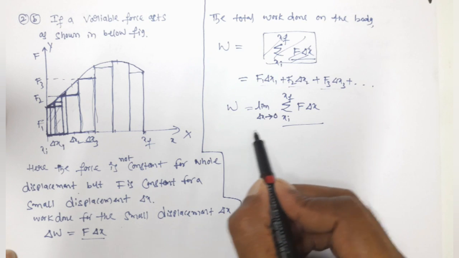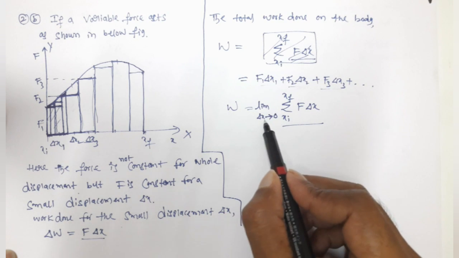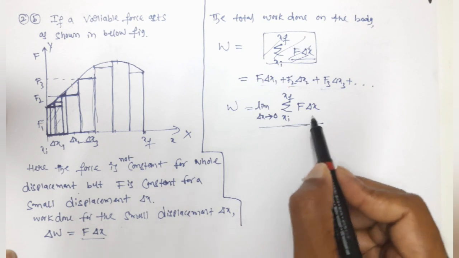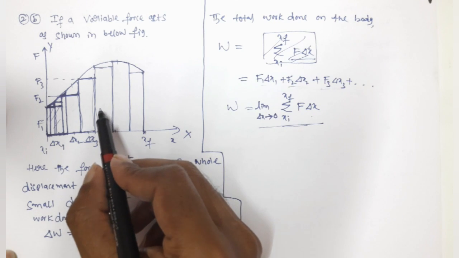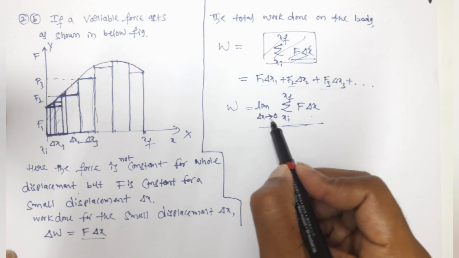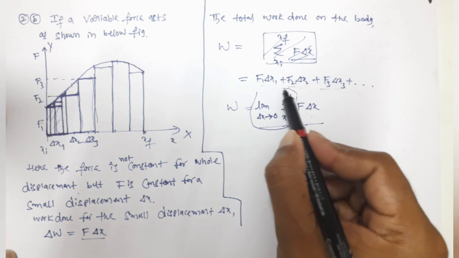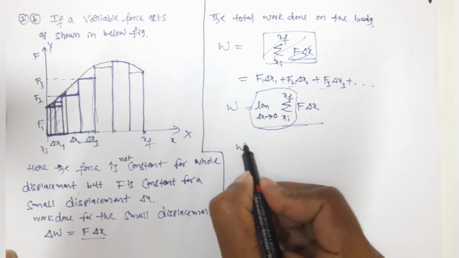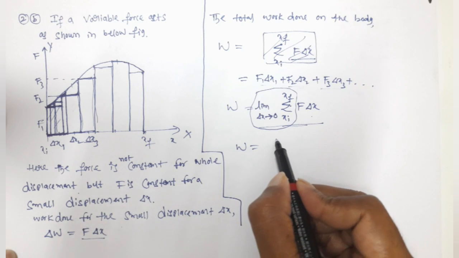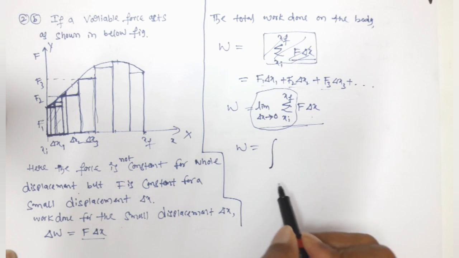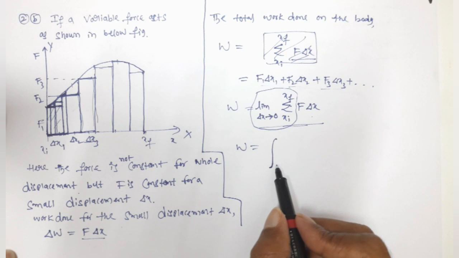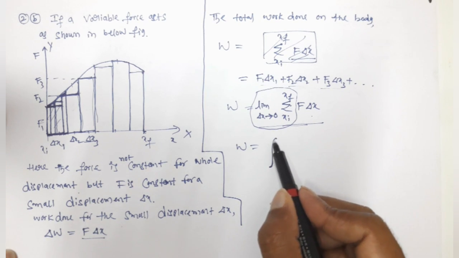Now if we apply the limit delta x tends to 0 here, we will get the exact area under the curve. So instead of writing this whole term, limit delta x tends to 0, summation and all these things, we remove this whole thing and give a new symbol. This symbol is called integral. How does it look? It looks like S, right?